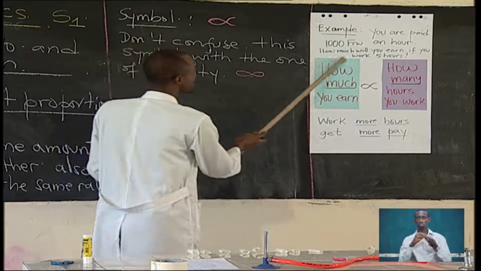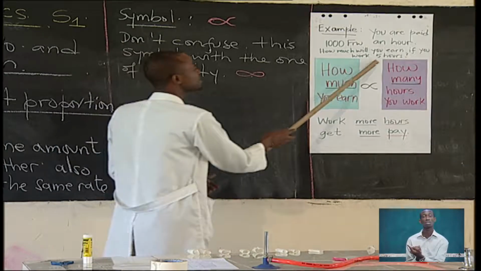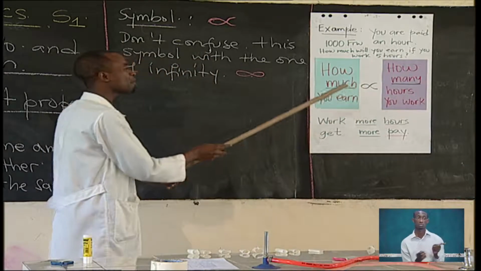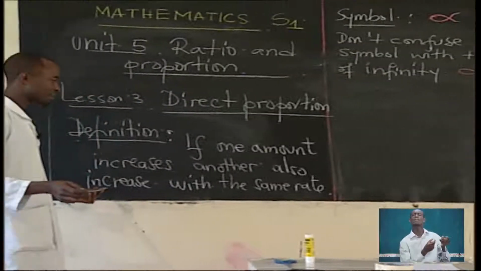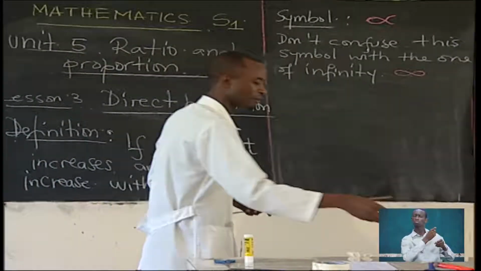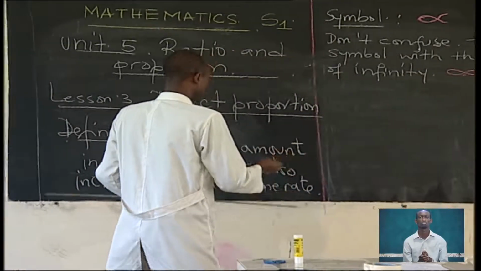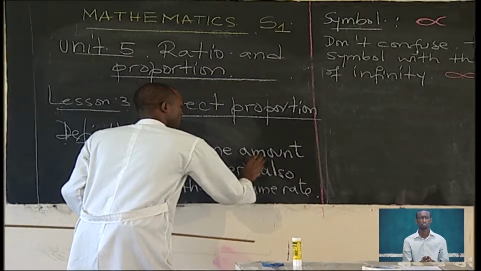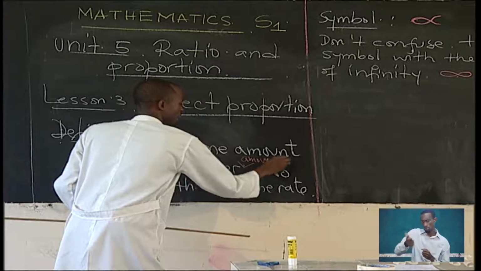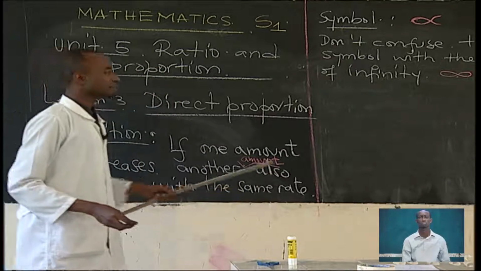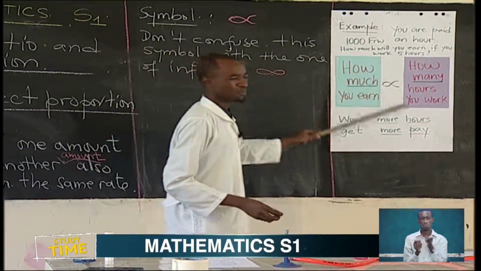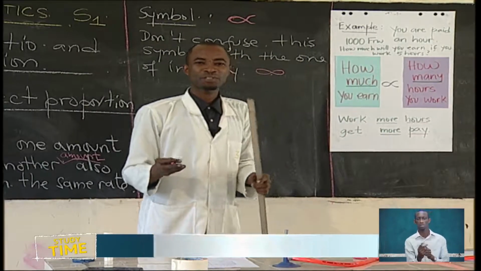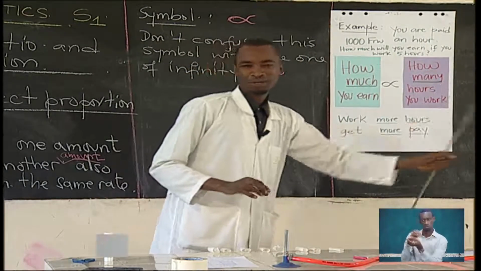If one amount increases, another also increases. You consider this one as one amount and the other one as one amount. So they are proportional because if one increases, another one also will increase.